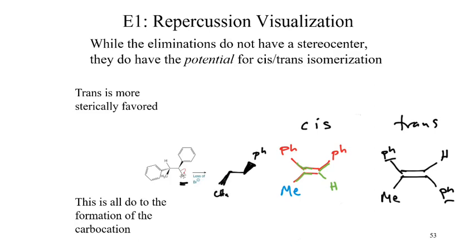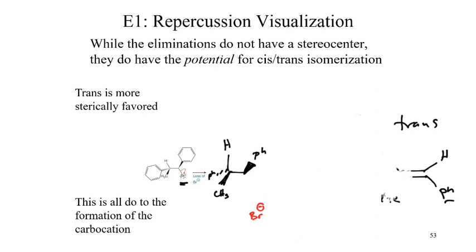Our CH3 would still be wedged, and we'd have that dashed phenyl, and then we'd have our hydrogen up here. If that bromine leaves, it would leave as Br minus. Okay, what is it leaving behind? Well, it's leaving a lack of electrons. So we would have a positive charge there, which we've seen in the E1 elimination.